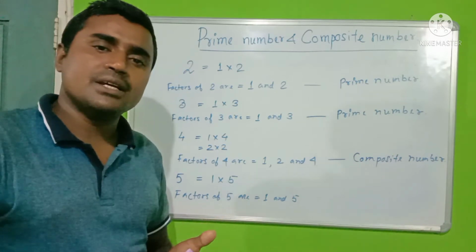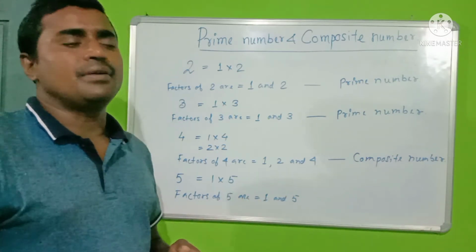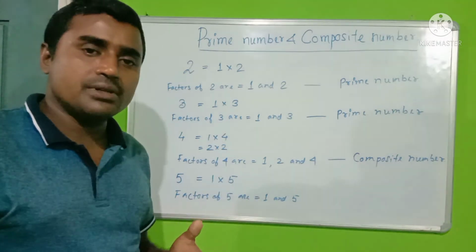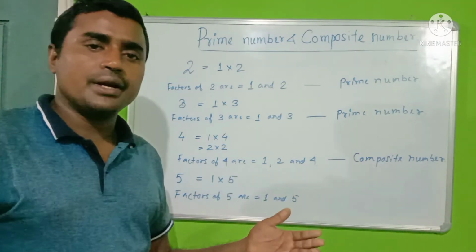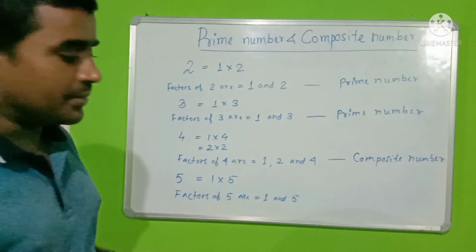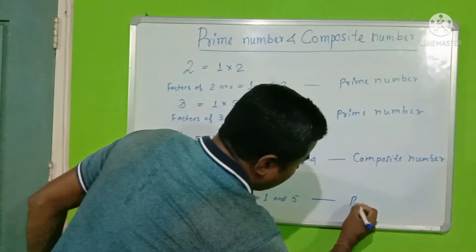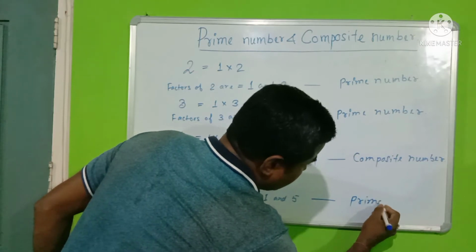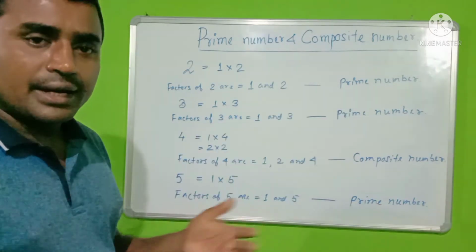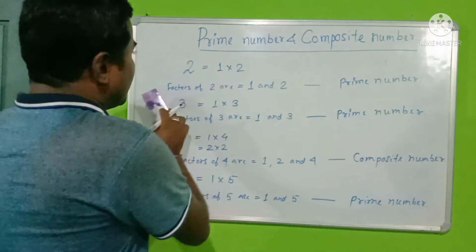That means 5 is a prime number. It is because 5 has 2 factors, 1 and the number 5 itself. So 5 is a prime number. Another example I give.